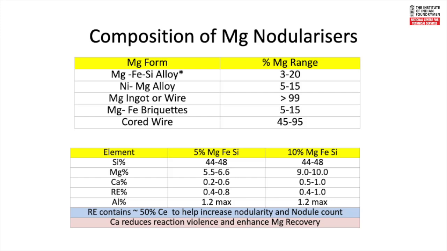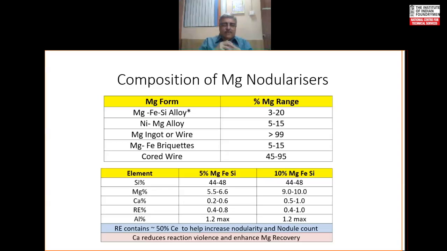There is calcium, 0.2 to 0.6 in one case, 0.5 to 1 in another, rare earth elements, then aluminum, which will come out of your ferrosilicon magnesium products. Rare earth contains roughly about 50% cerium. We call it mischmetal when it is used separately. Calcium is added normally to reduce the reaction violence and enhance magnesium recovery.